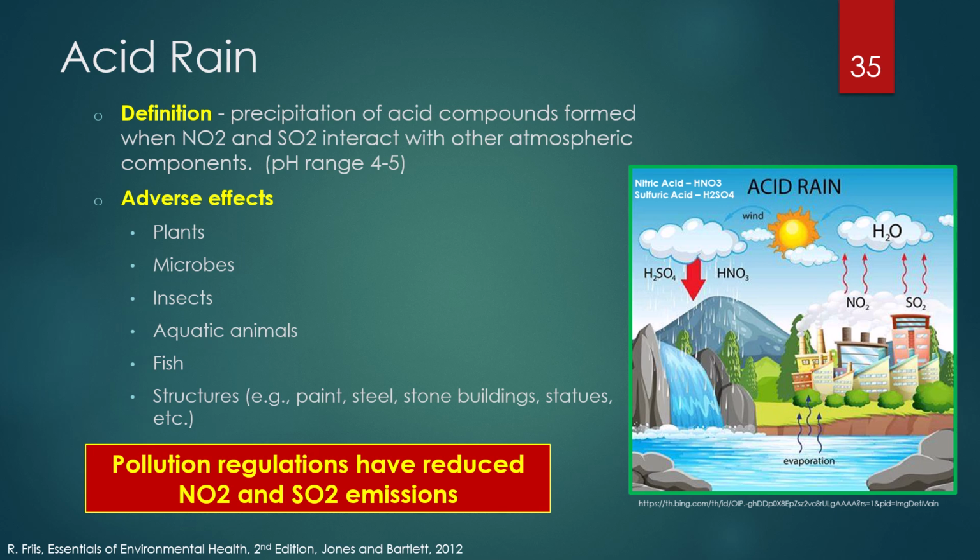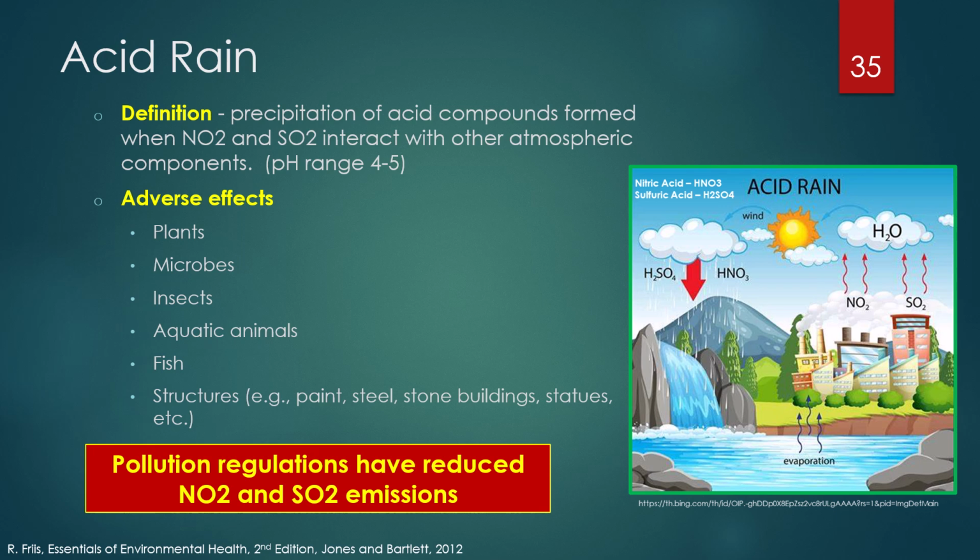This acidic precipitation creates abnormally high levels of acidity on Earth, damaging plants, microbes, insects, aquatic animals, fish, and contributes to the deterioration of structures, causing paint to peel, corrosion of steel structures, and weathering of stone buildings and statues.